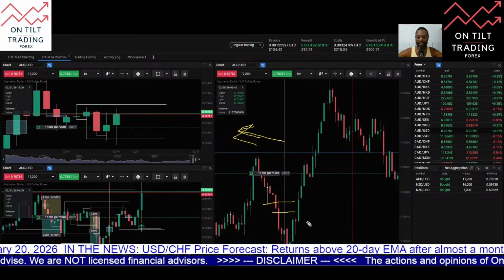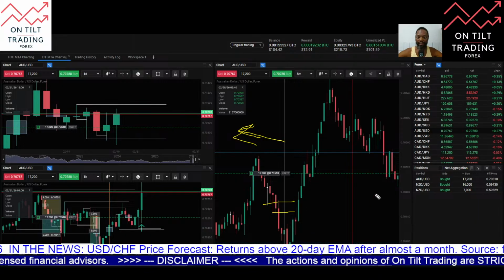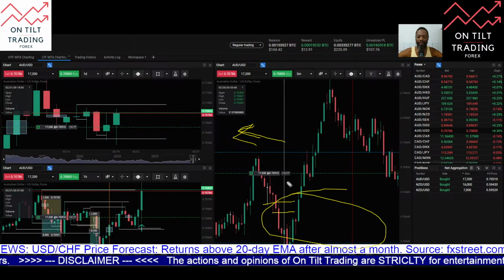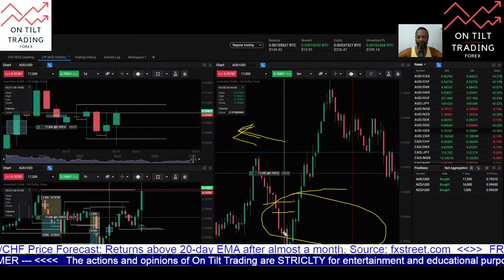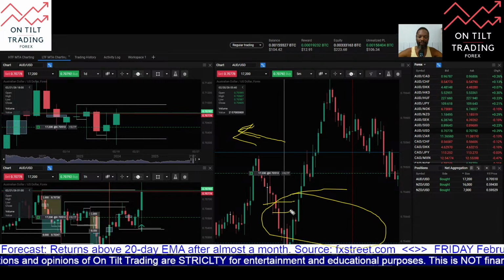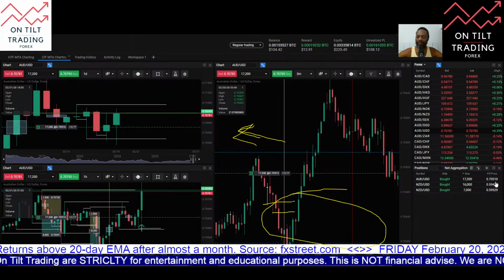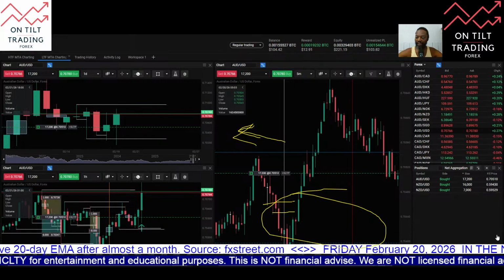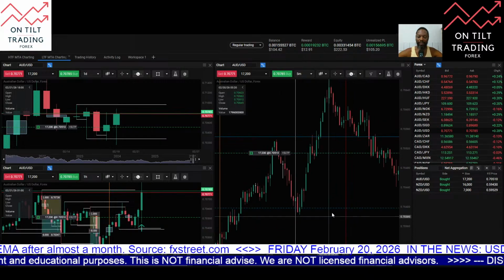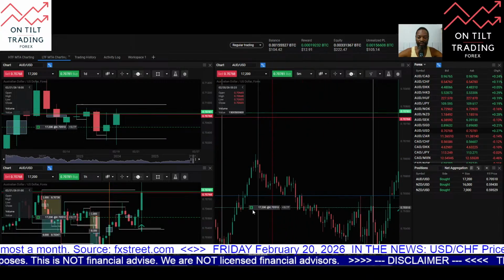I don't like to trade that, so I want to see that price action happening after the first hour of the kill zone. So I wasn't extremely confident in taking this position, even though it was valid. It wasn't the type of setup that I want to see.